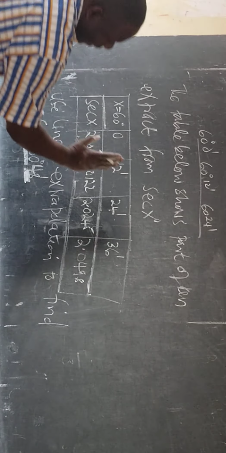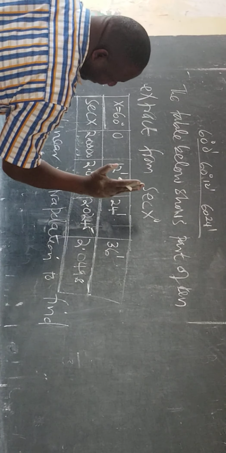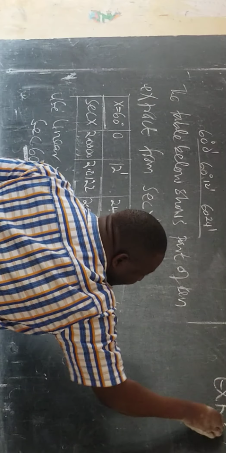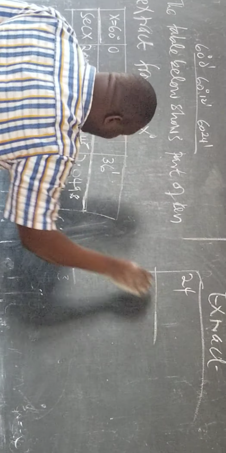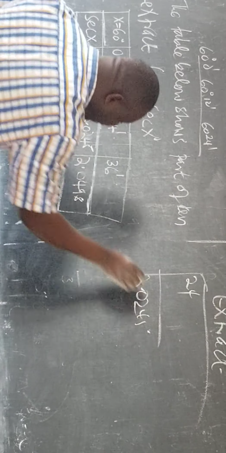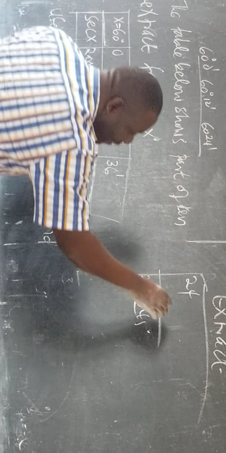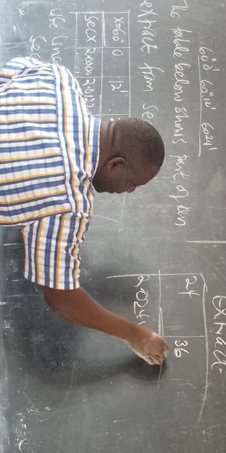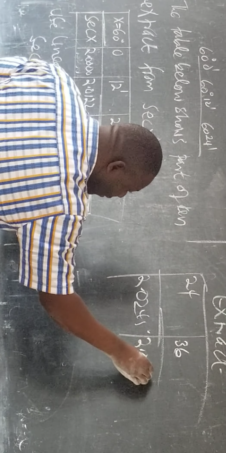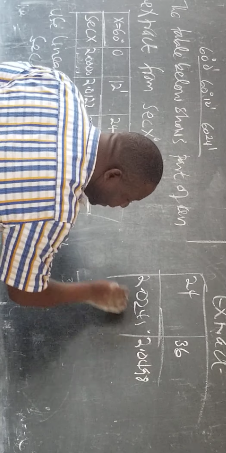So we take the last two pairs. When we are getting our extract here, we shall have 24 minutes corresponds to 2.0245. Then we take the 36 minutes, which corresponds to 2.0498.